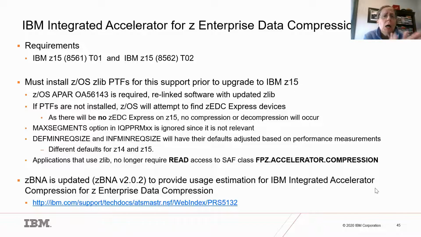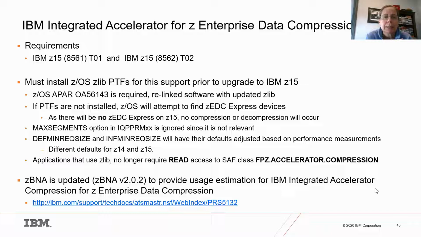Another thing I wanted to note from an upgrade point of view is the IQPPRM parmlib member, which controls PCIe type configuration information. Inside of that parmlib member, we have some different defaults between the Z14 and the Z15, all related to the NXU being on chip for the Z15.